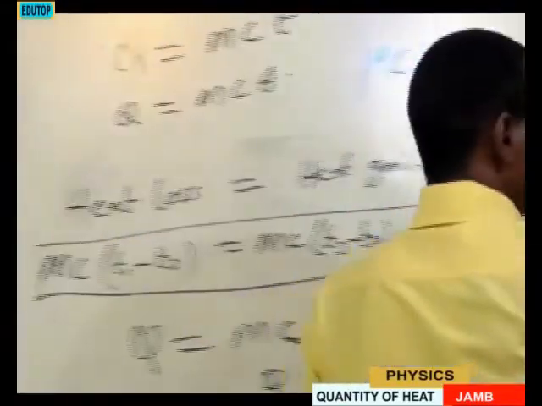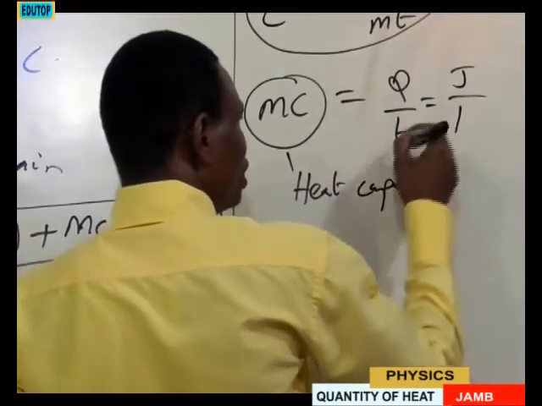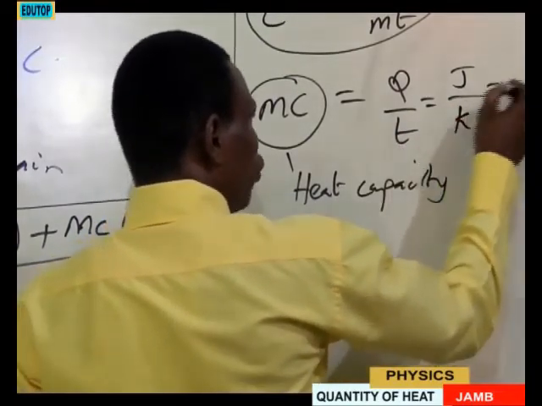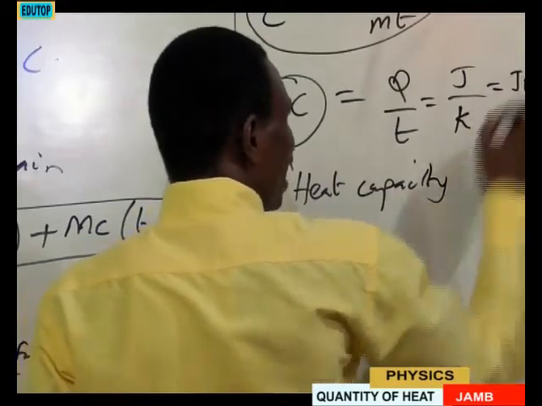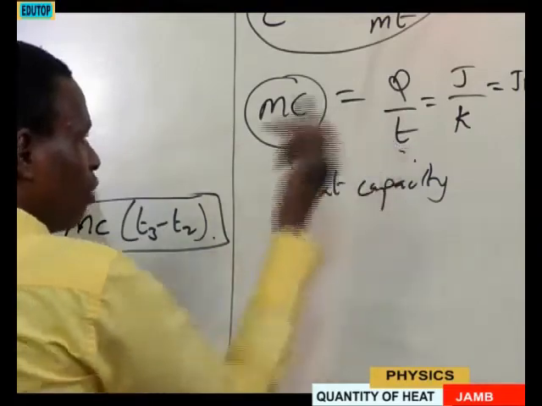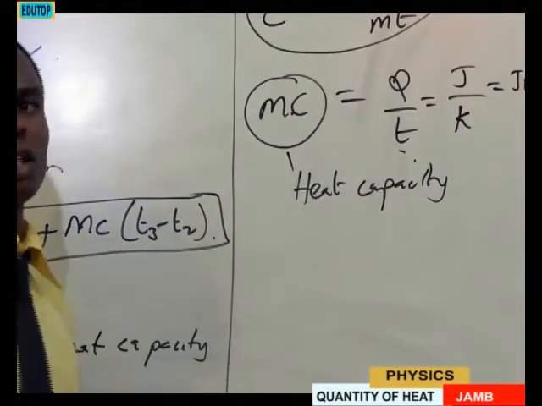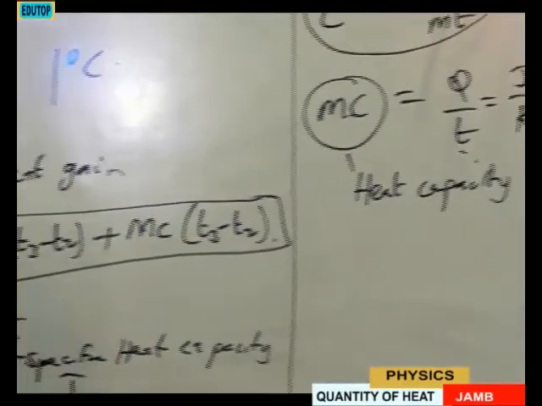The unit of heat is joule, and the unit of temperature is Kelvin. When you put it together, joule per Kelvin is heat capacity. Let's take note of that.